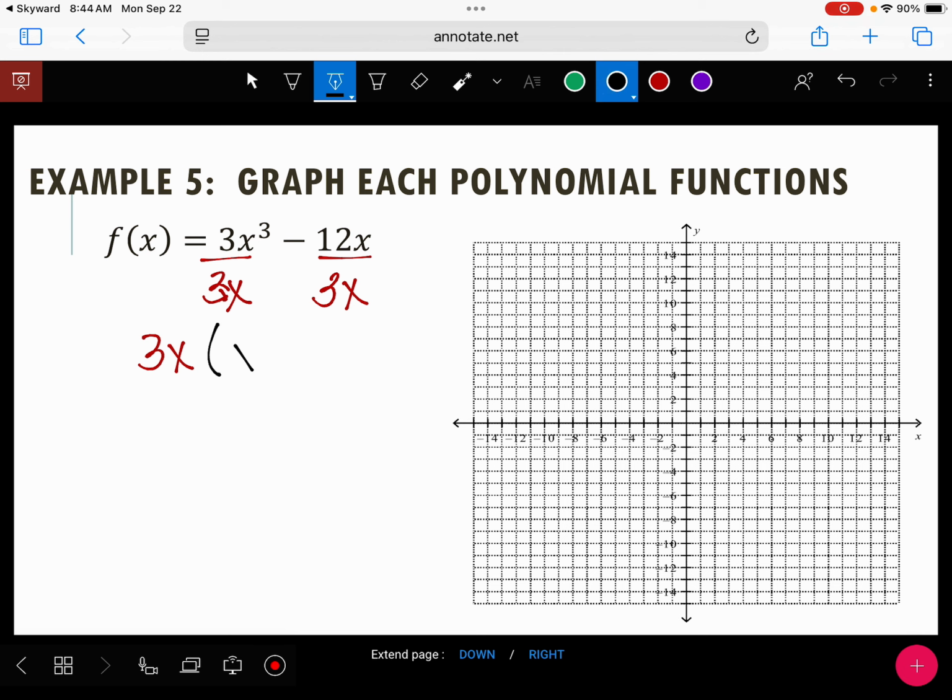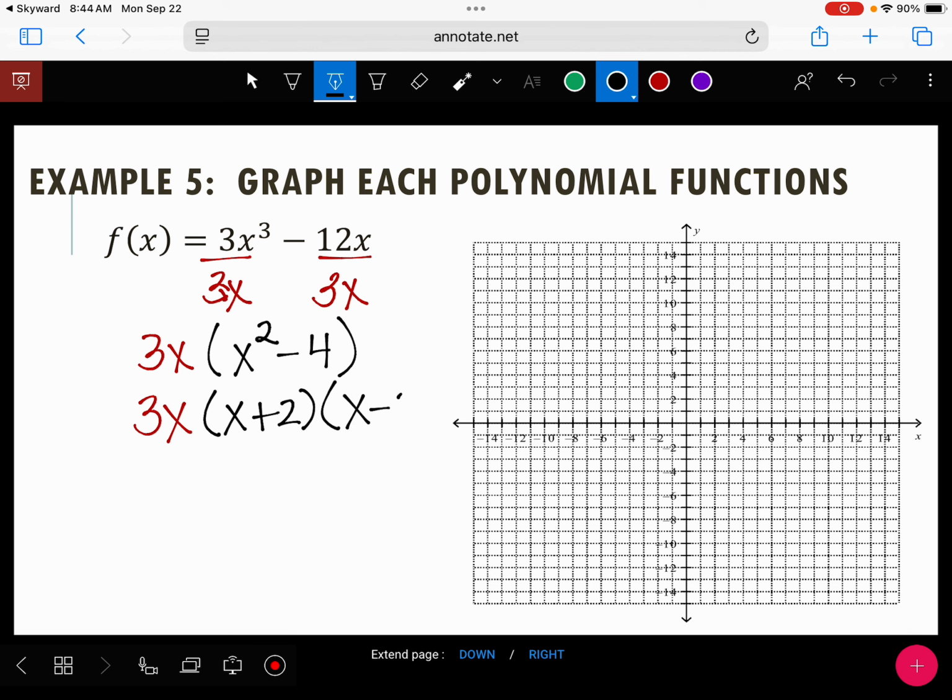Which is going to leave me with x squared minus 4, which is the difference of two squares. So what does that factor down to? X plus and minus 2.